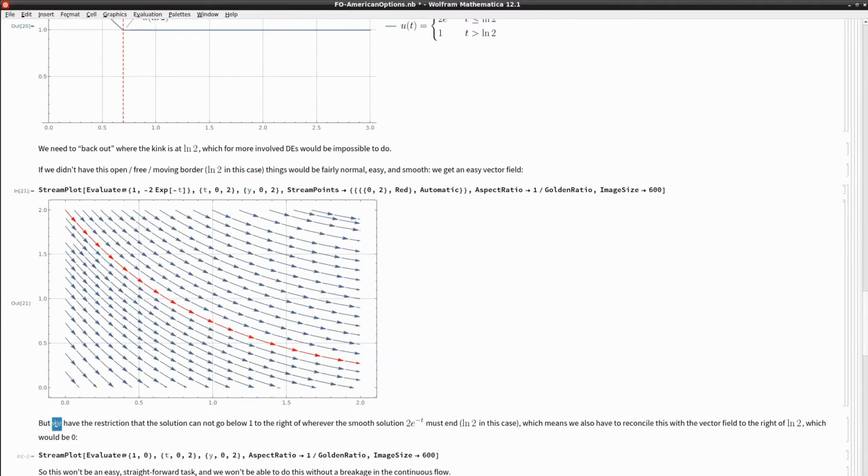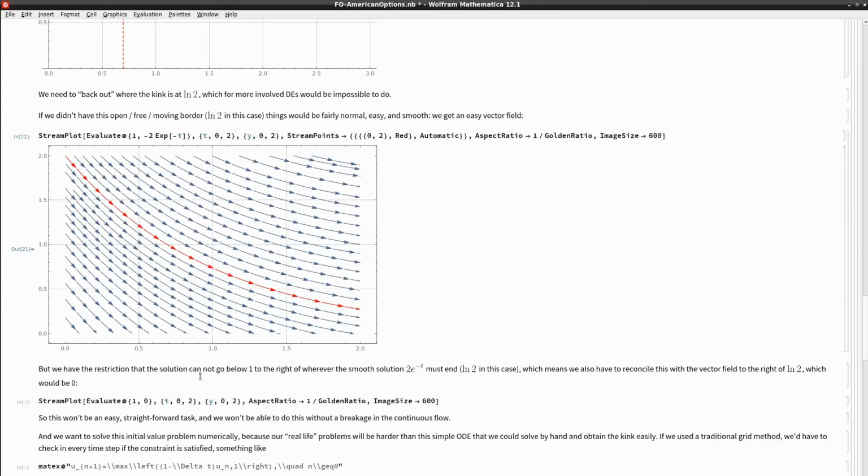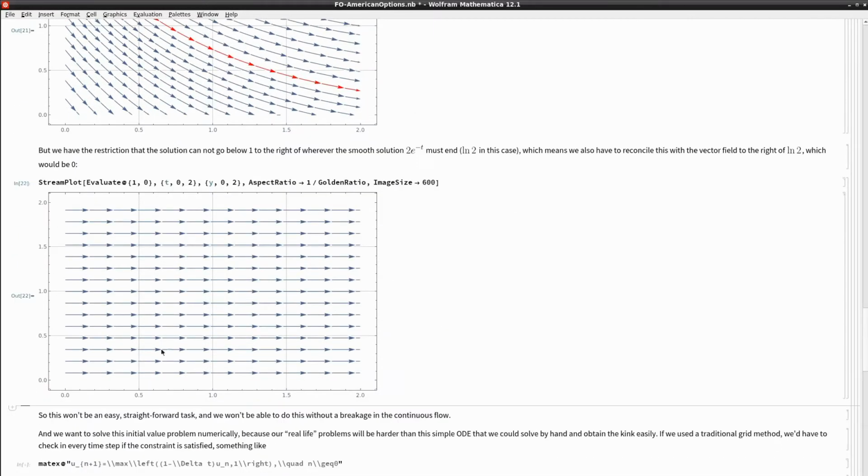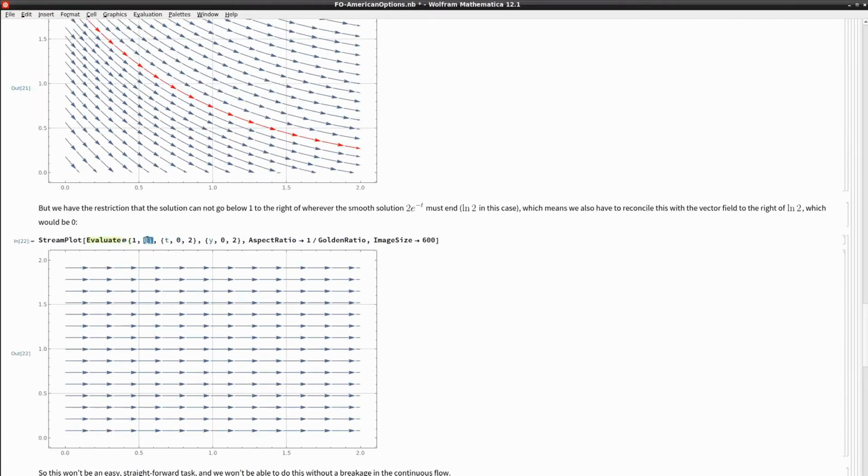We do have this restriction that the solution cannot go below 1. So to the right, we do have a different situation. And it means we have to reconcile this with the vector field that we have to the right of the natural log of 2, which would be 0, right? Very simple and straightforward. To the right we have 0 here, right?